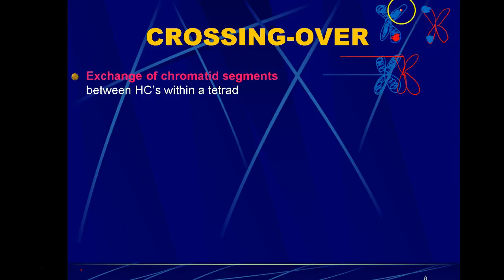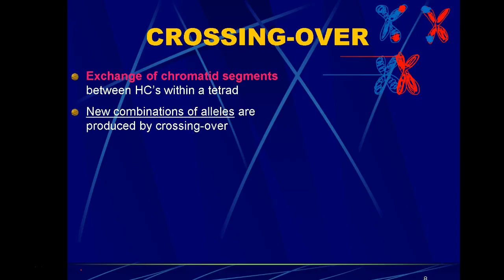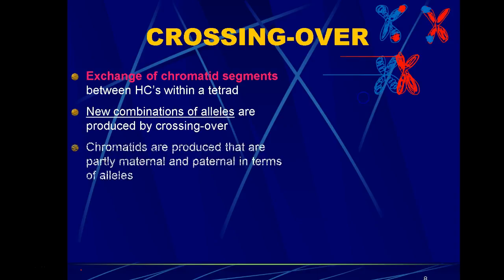So now these chromosomes that were completely paternal and maternal are now partly maternal and paternal in terms of their alleles. So you can see that now we have these new combinations of alleles produced following crossing over.